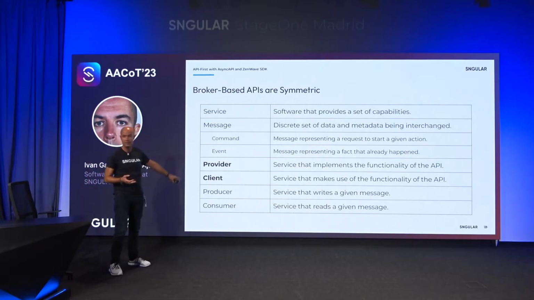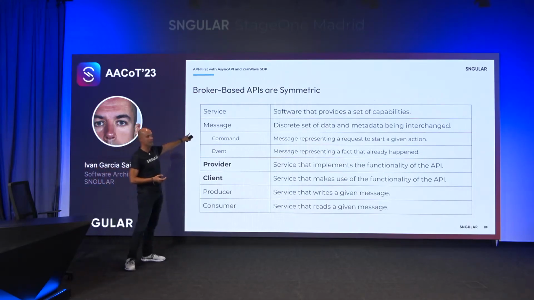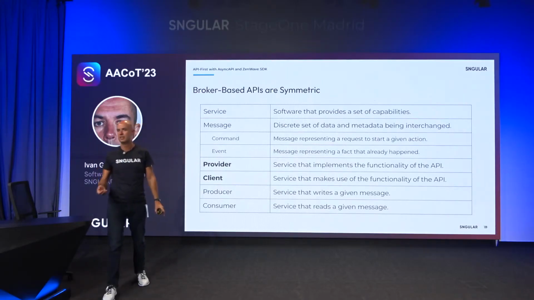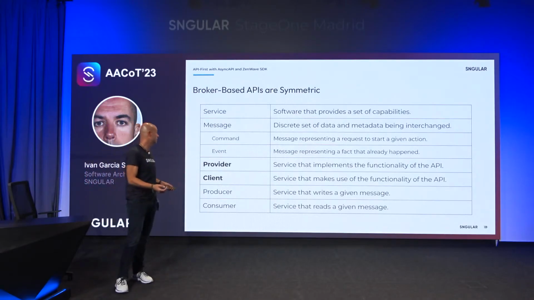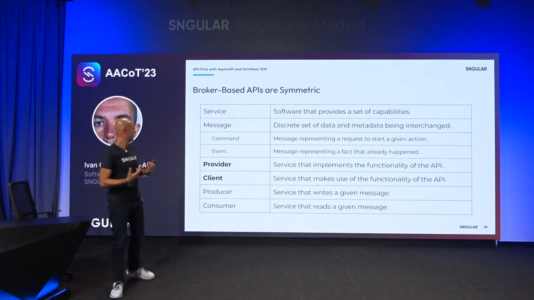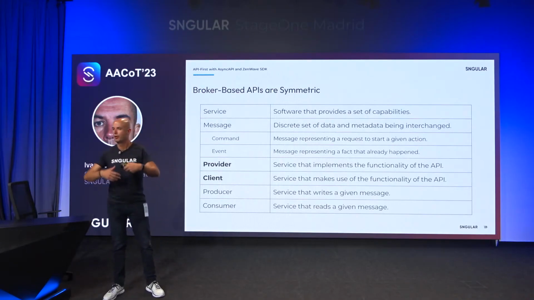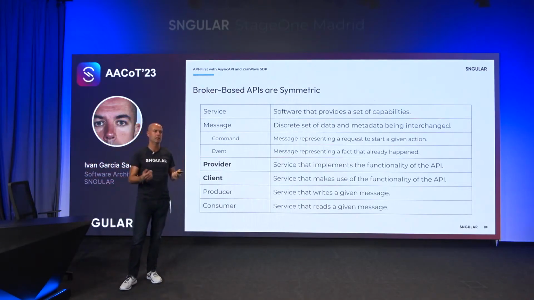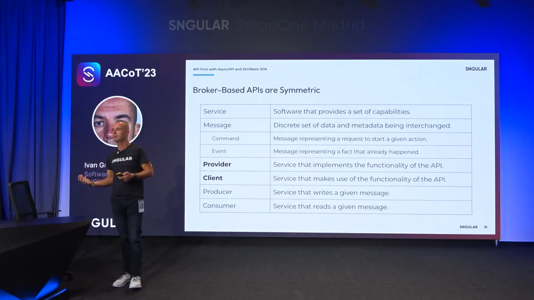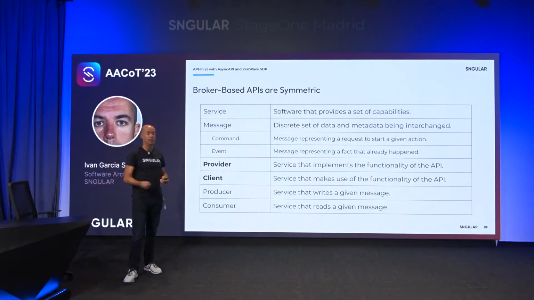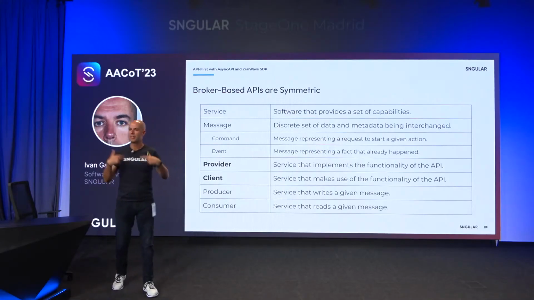And for understanding the difference, we need to understand that messages come in two flavors. There are messages that are events. That means that they are informing that something already happened. If I'm the provider of one functionality and I'm informing the ecosystem of my company that something already happened, I'm publishing that event as the provider of this functionality. But a command, on the other hand, represents a request to start an action.